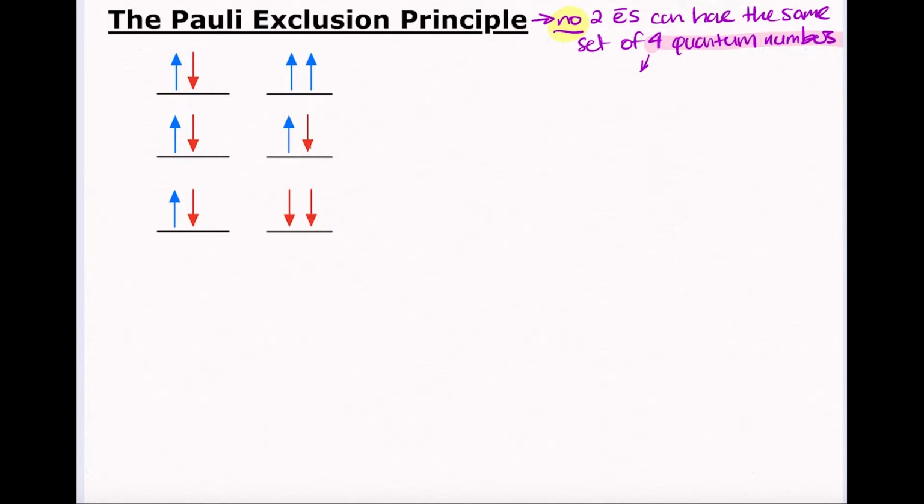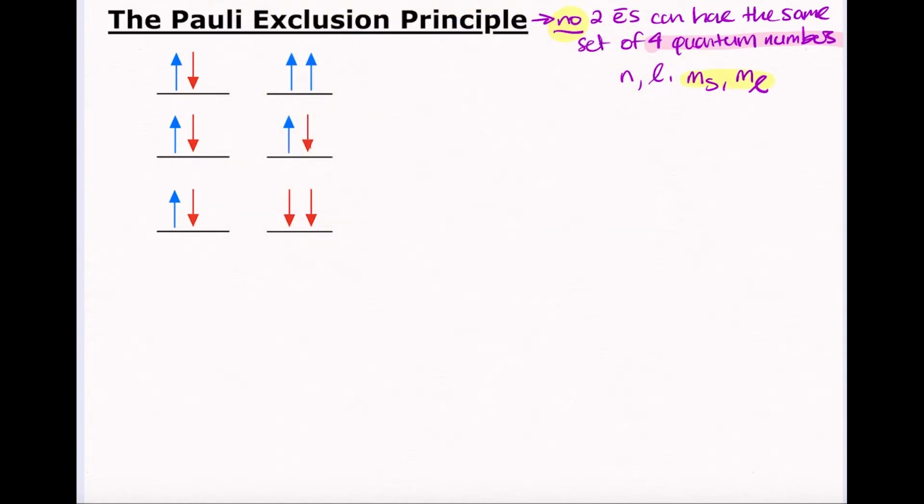So we have n, we have l, and we have ms and ml. ms and ml are the two I haven't talked about yet.